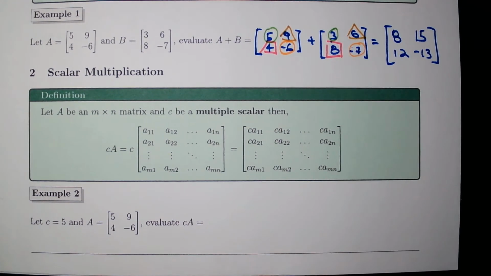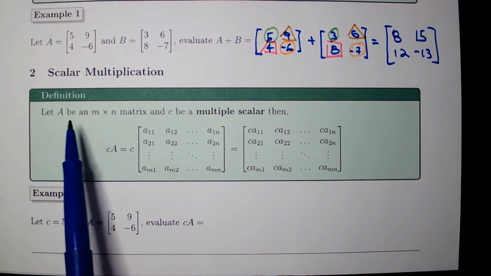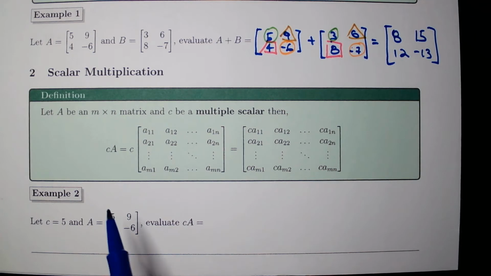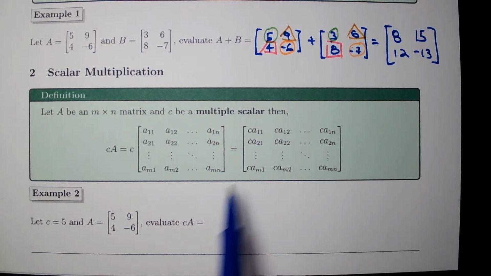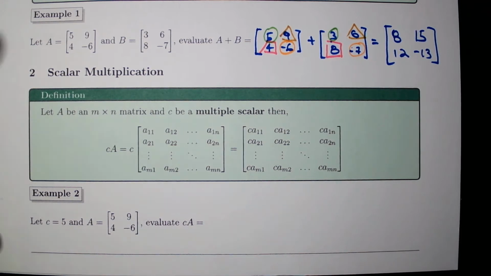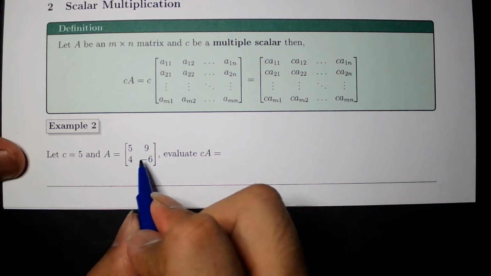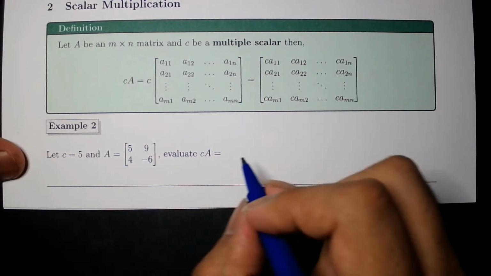Scalar multiplication: we have a constant C multiplying an n by n matrix. All we do is multiply all the numbers inside the matrix by that constant. For example, we have C equals 5 and A equals 5, 4, 9, negative 6.